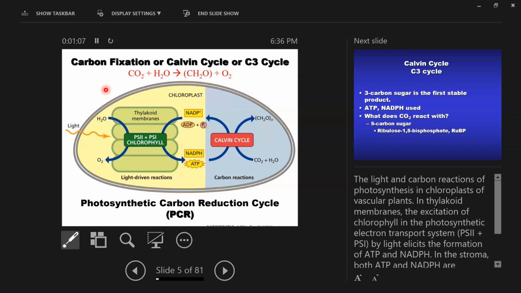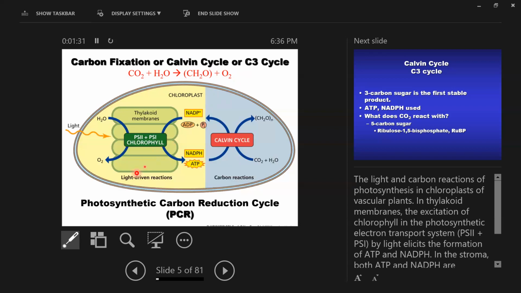I prefer not to have you think about that one. Think about the idea that we're building CH2O, carbohydrate, and glucose is definitely not the first product. That older equation makes you think about glucose, and I don't want you thinking about glucose.